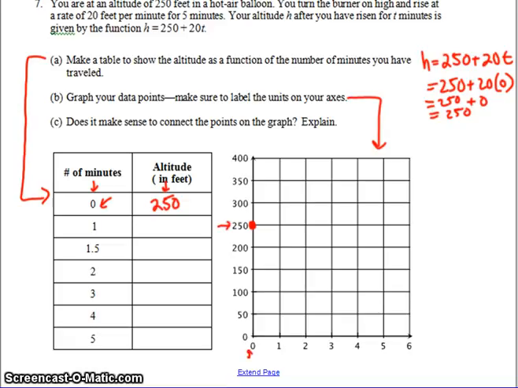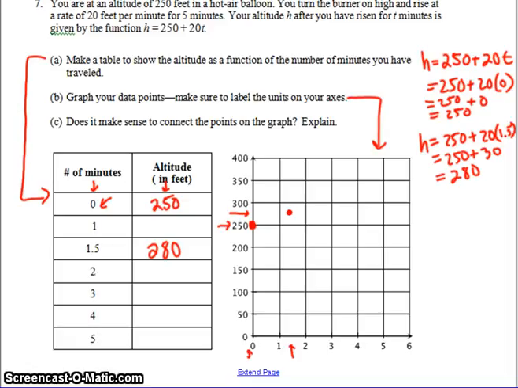Let me do 1.5. H equals 250 plus 20 times 1.5. 20 times 1.5 is 30. 250 plus 30 is 280. So this one right here is 280. I'm going to go to 1.5, which is about right here for my input, and my output is 280. Now halfway would be 270, so 280 is just above that.